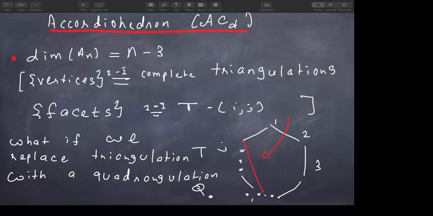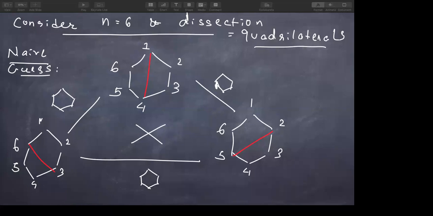And now we can ask, what if instead of triangulations we had, say, quadrangulations of a polygon? Can we get a polytope? Naively you would guess that you would do something like this. Let's say we have a hexagon, then we can break it into quadrilaterals in 3 ways: by 1,4, 2,5, or 3,6. But this obviously will not give us any polytope, because the resulting polytope is a triangle, and each edge of this triangle is basically an empty hexagon, because the only thing common between 1,4 and 2,5 is an empty hexagon.